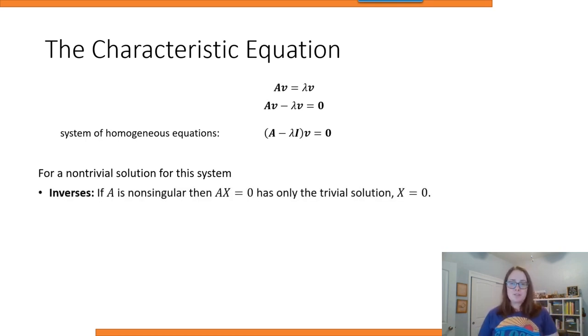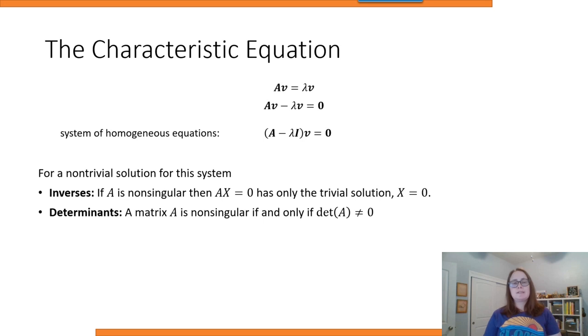We had a fact about inverses: if a matrix A is non-singular, meaning it's invertible, then AX equals 0 has only the trivial solution, x equals 0. So I don't want a non-singular matrix here.